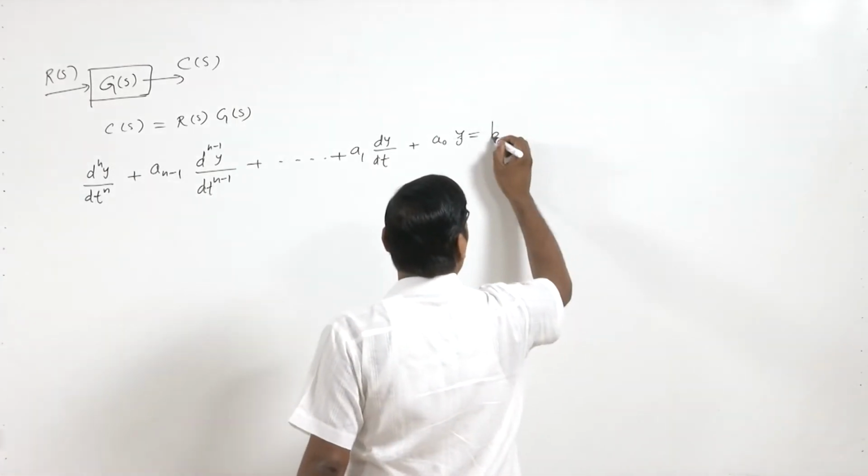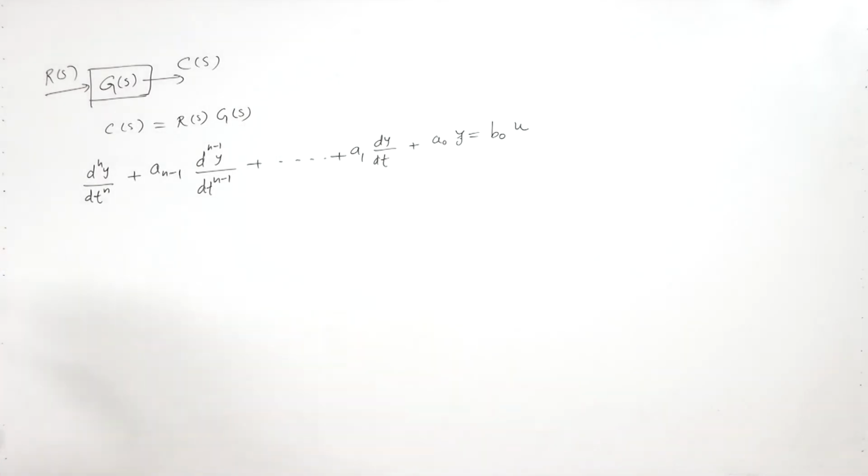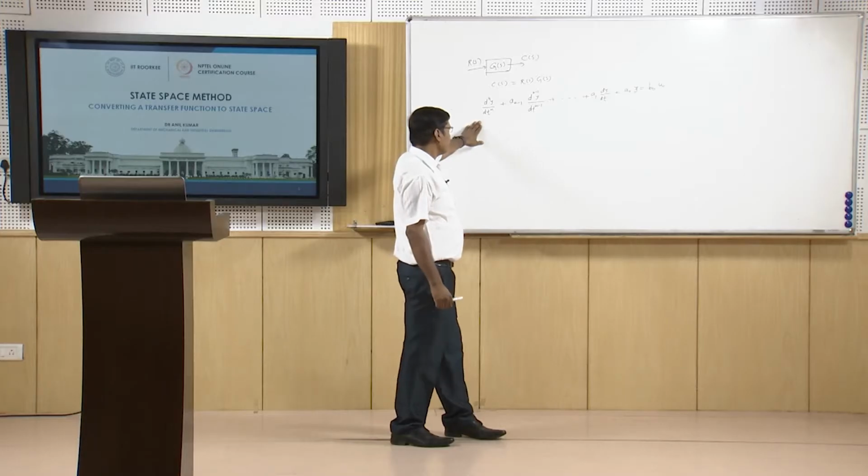Here we can have the input, so b0 u. So this is the differential equation that we obtain from the transfer function and inverse Laplace transform.